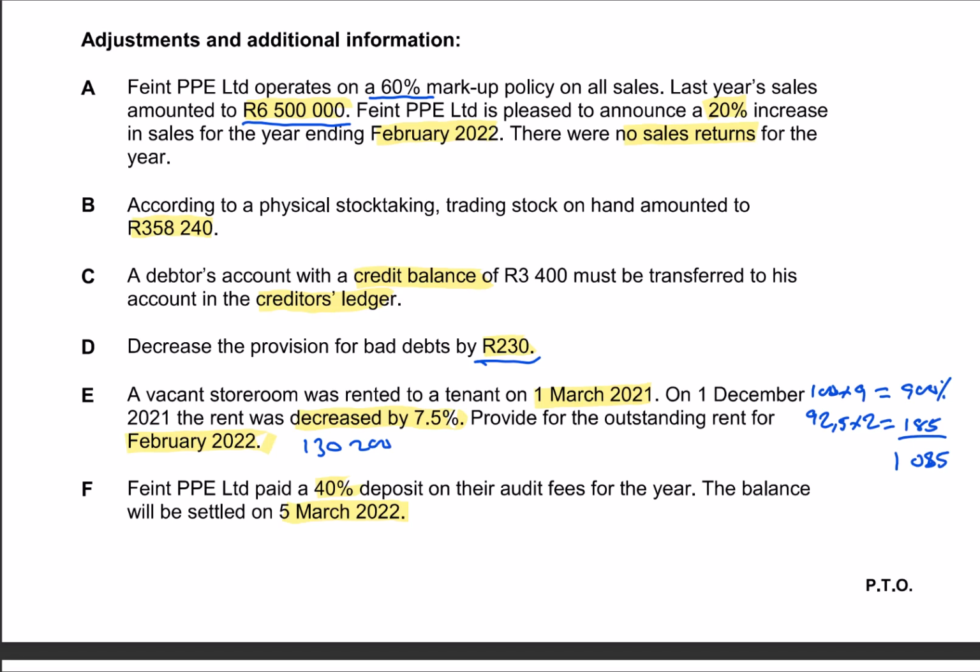So what you do is you're going to say this 130,200 times 185 over 1,085. This will give you 130,200 times 185 divided by 1,085.